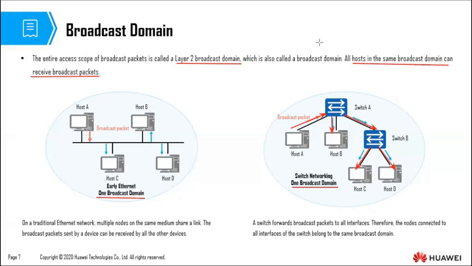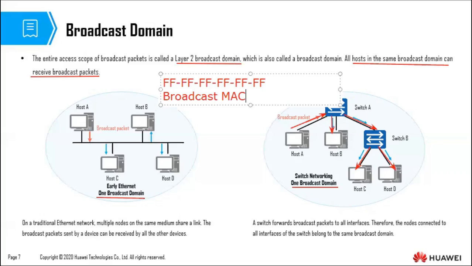Now, when it comes to sending broadcast at layer 2, normally the destination MAC address is all ones, FF-FF-FF-FF-FF-FF. Are they 6? Yes. So this is the broadcast MAC address, and this will be the destination. Anytime you're sending a frame that you want to go to everyone, the destination MAC address field is going to have all Fs.